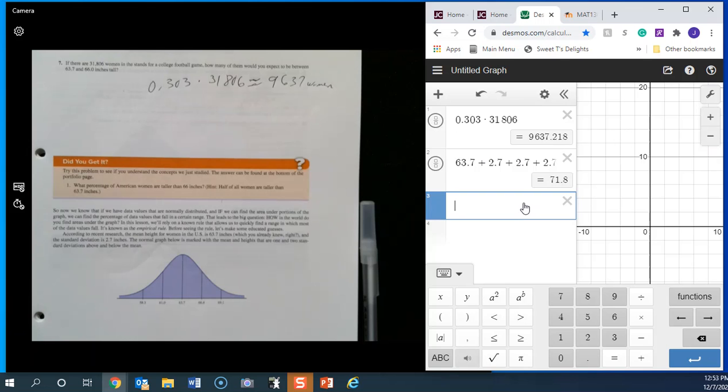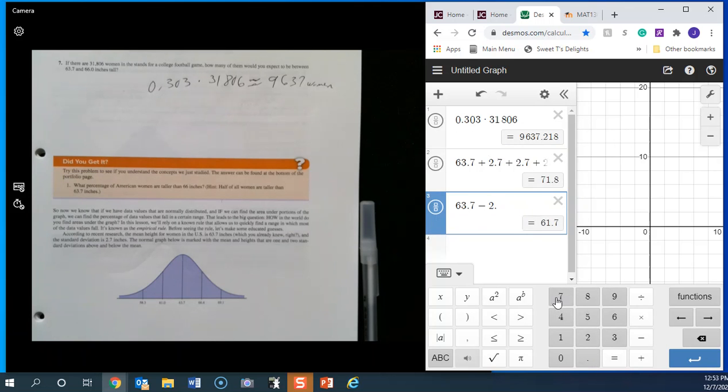Now, when you say below the mean with your standard deviations, you will subtract. 1 standard deviation below the mean, you will subtract the standard deviation 1 time. 2, you will subtract it twice. And then 3, you will subtract it 3 times. And whatever that number is, that will give you your answer.